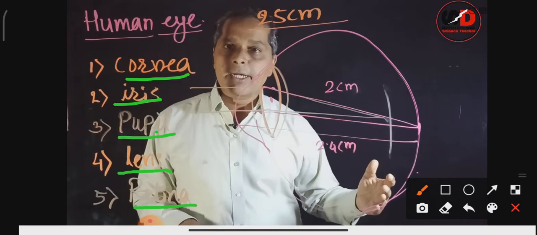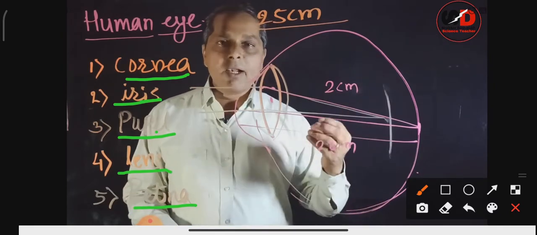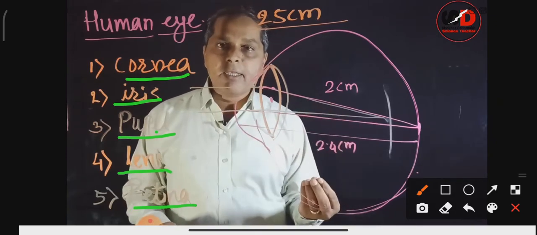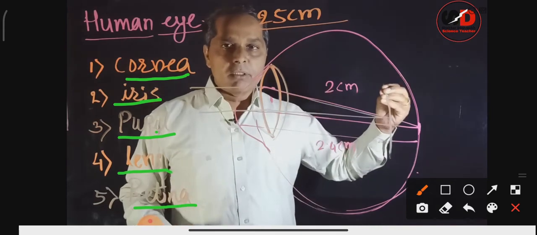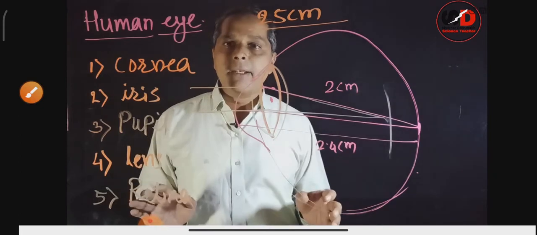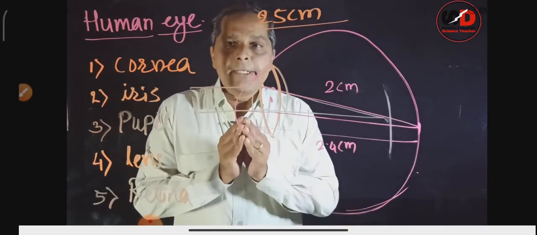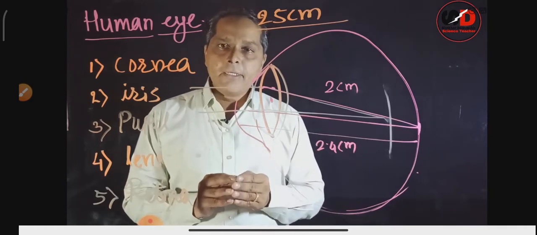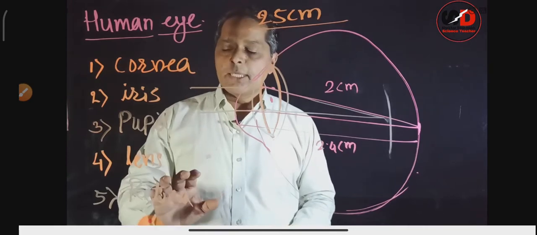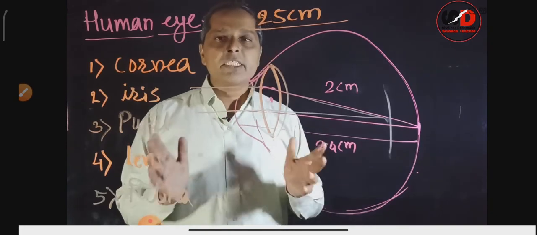The image is formed on the retina, and whenever light falls on it, it forms an electrical signal, and through the optic nerve the electrical signal is sent to the brain, and the brain interprets the signal, or the brain shows the object as it is. So these are the various parts.